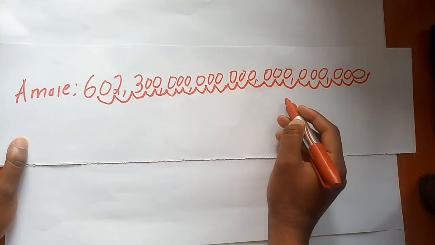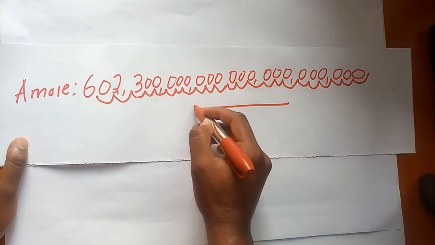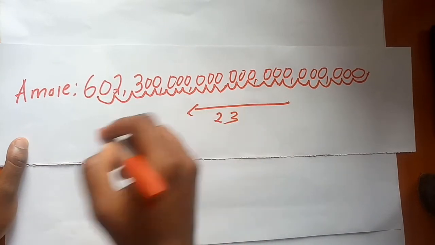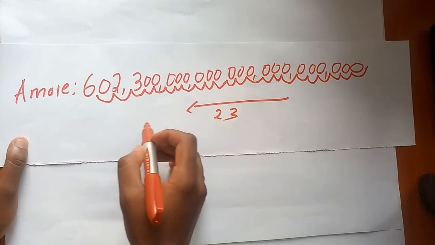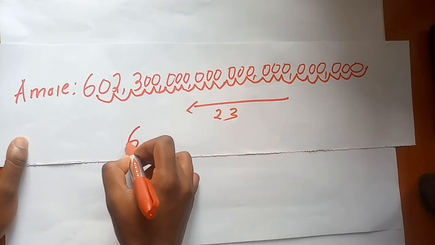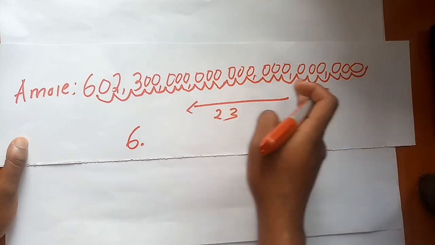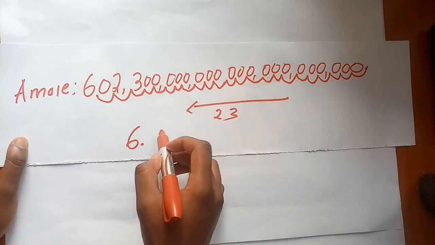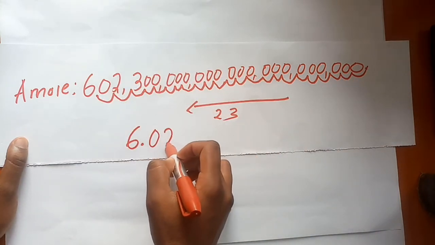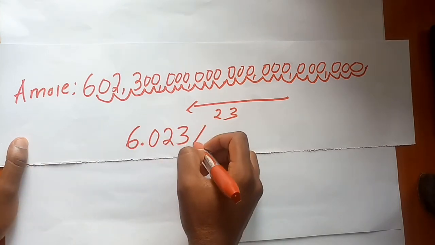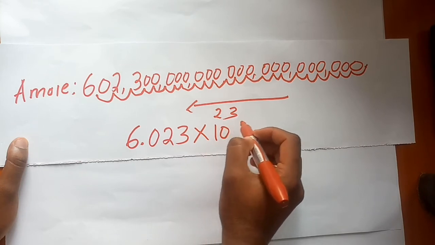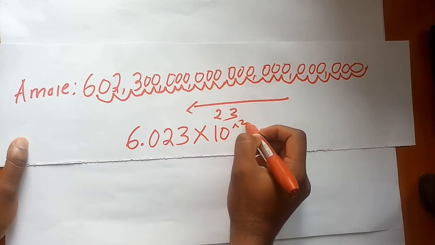So I have moved my decimal to the left 23 times. So how then do I write that number? I simply write it as 6.023, because I've moved the decimal point 23 times, I can reach up to there, times 10 to the power of 23.